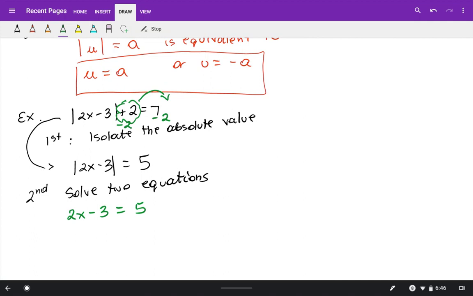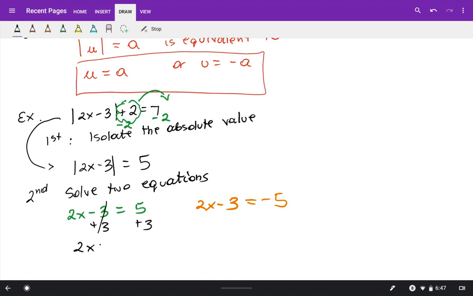And the second equation which you need to solve, you're going to remove the absolute value, which is 2x minus 3 equal, and you're going to change the number on the right side to the opposite, which is -5. And now we're solving two equations, and that will bring two solutions.